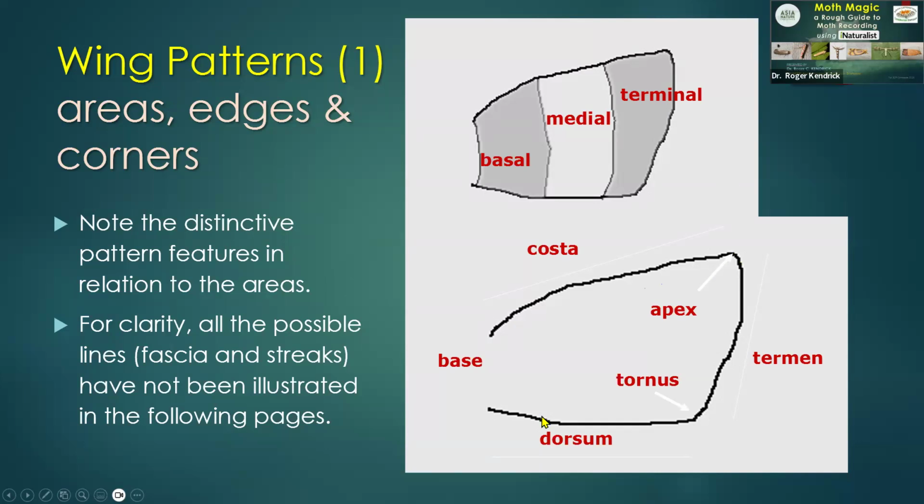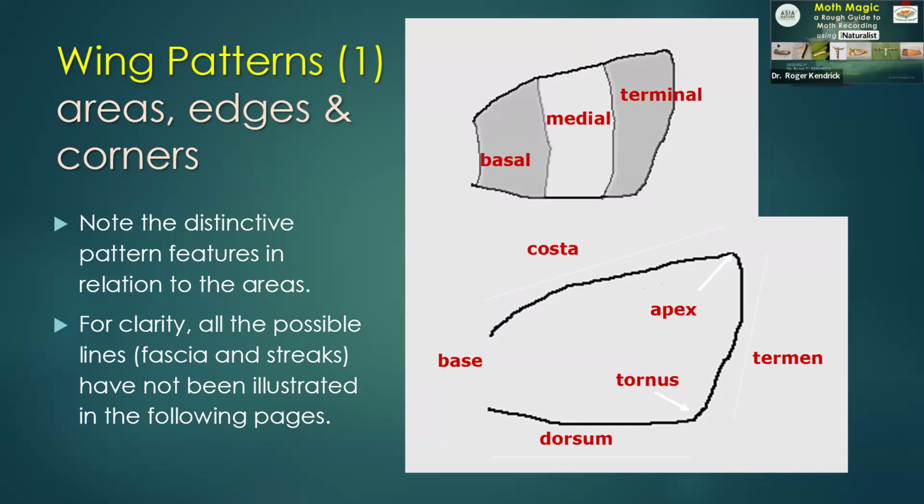The junction of the termen and the trailing edge is called the tornus. The junction of the leading edge and the termen, the costa and the termen, is the apex. And the trailing edge is the dorsum. Now, on the hind wing, dorsum equates to the inner margin. And a lot of books use the phrase inner margin instead of dorsum.